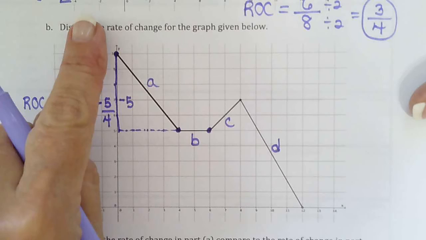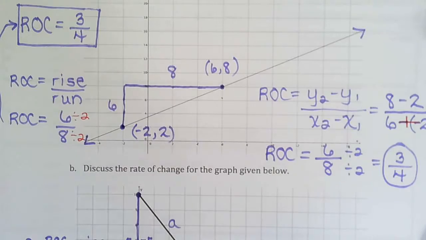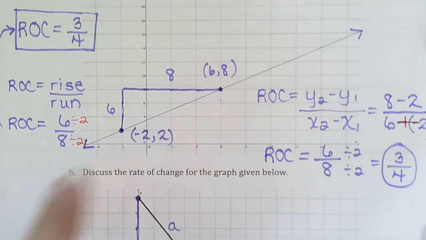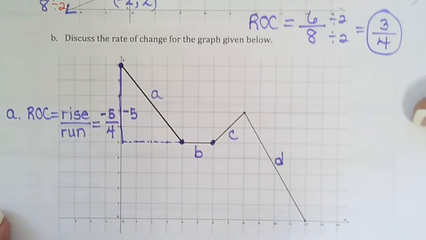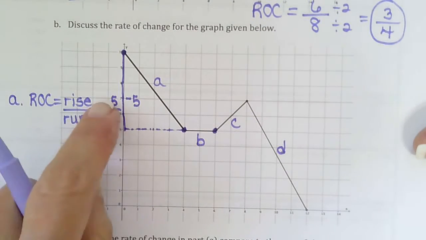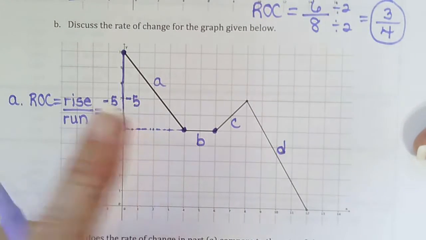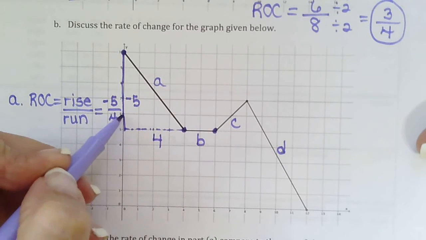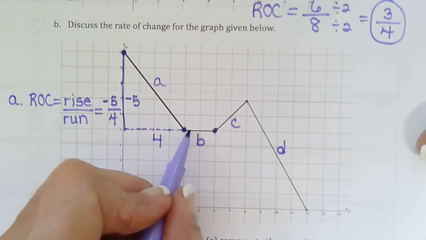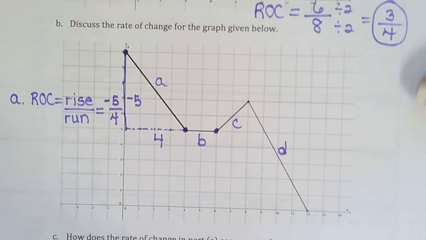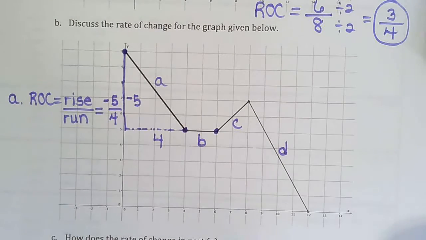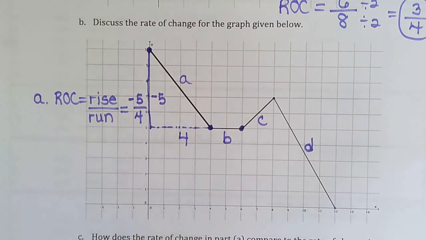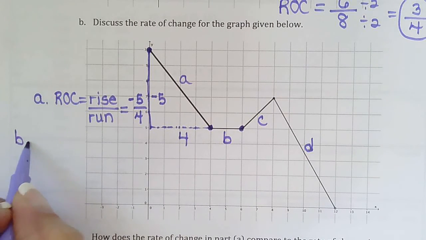When we go up, it's positive, like on the last one, where going from left to right we went up 6 and ran 8. But on this one, we went down 5, which makes it negative, and ran 4. So there is our first rate of change, negative 5/4. I'm going to move it over a little bit so I don't run out of room like I almost did there.